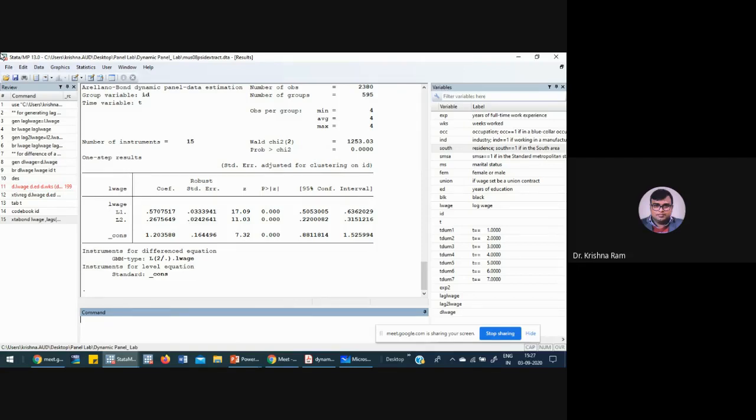That's why you are having only 4 time periods: 4, 5, 6, 7. The chi-square value is again statistically significant.